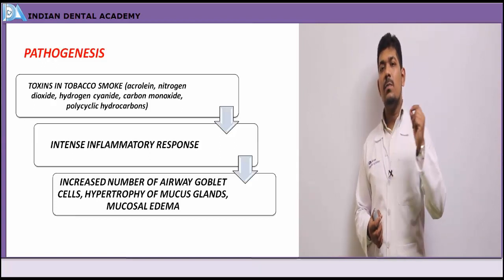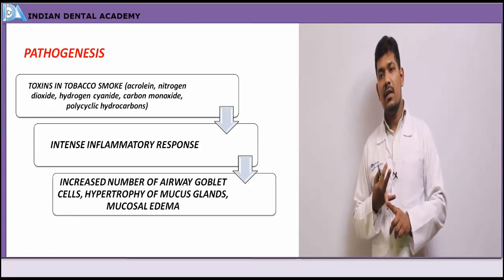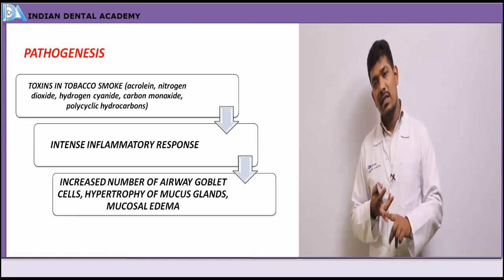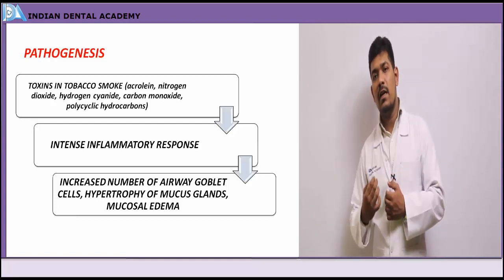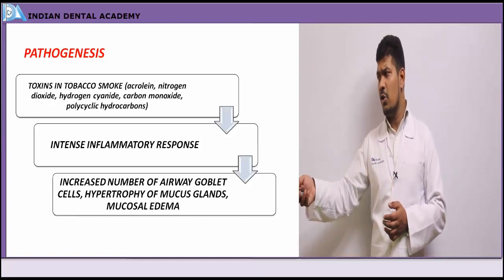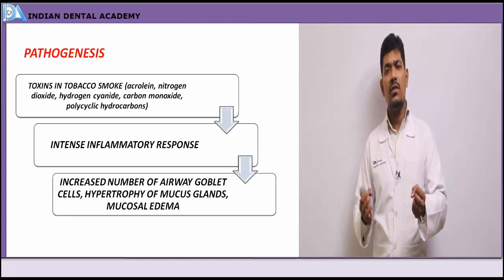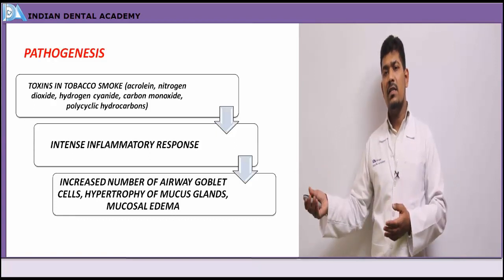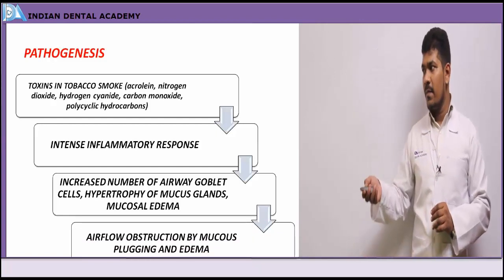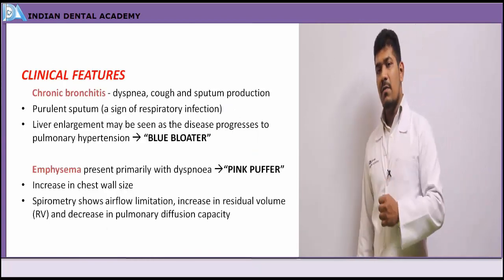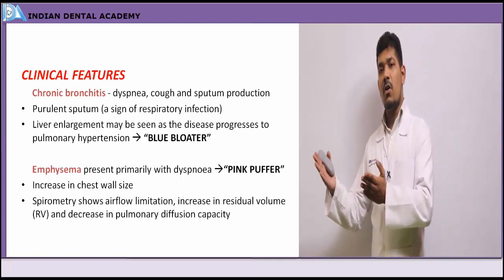So this is the difference between other respiratory diseases and COPD, wherein there is hyperplasia as well as hypertrophy of the goblet cells, and in few cases there is destruction of alveoli, that is a subtype of COPD. Hence it gradually increases the amount of mucus secretions, there is mucosal edema, and hence there is difficulty in breathing. So there is airflow obstruction, edema, and airway plugging. The clinical features, as with the different varieties, if it is chronic bronchitis, there is dyspnea, cough and sputum production.